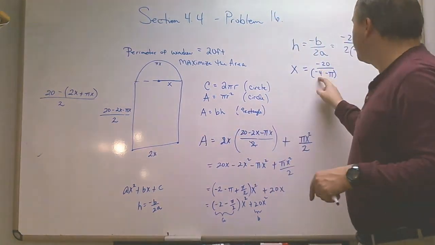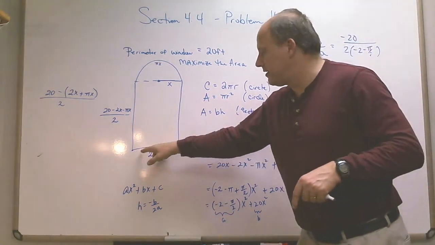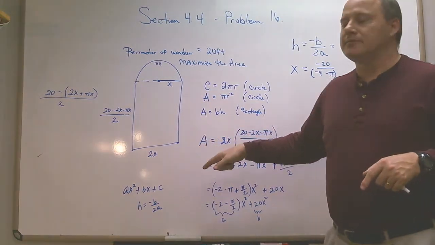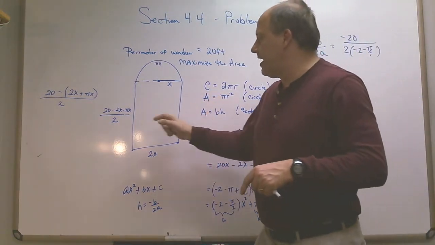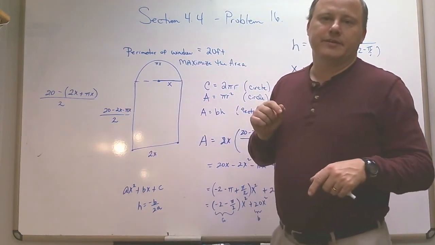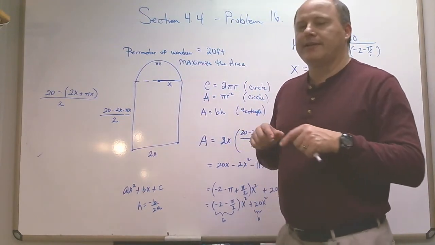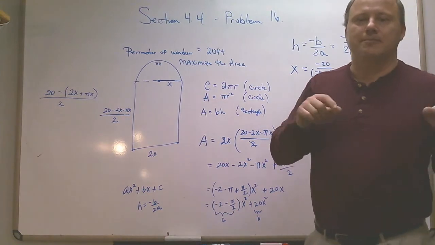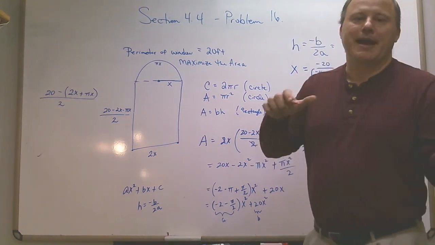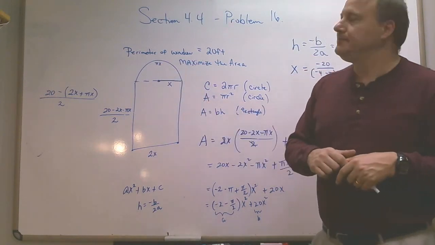So once you figure out what this is, you need to double it, and that'll give you the dimensions. And don't be surprised that it is a decimal. And then when you get that, plug the x in this as well, and that'll give you the height of the window. And that will give you the actual dimensions of the window that will produce the maximum light that will come into the window.